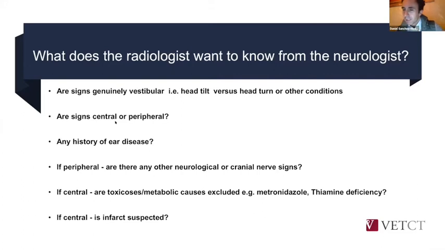Elsa, they're asking you in the chat if you would use the positional change of the nystagmus or the frequency of the nystagmus as a sign suggestive of central versus peripheral neurolocalization. I wouldn't, to be honest. I think, as we said, you should look for something else.